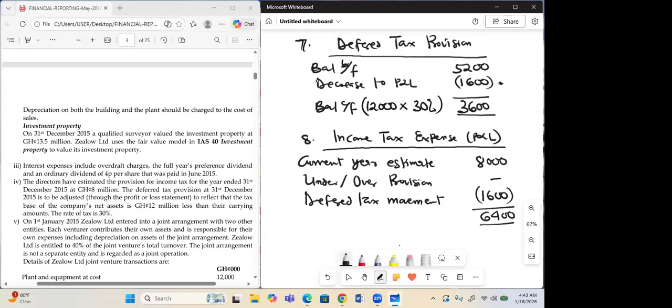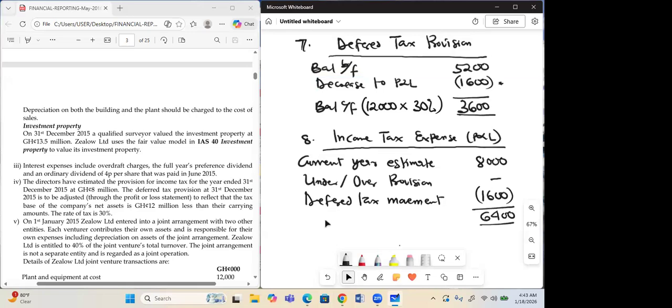Are you getting it? Yes. As we solve more examples, you'll be very familiar with tax. Just have in mind that anytime you see taxation, you open how many accounts? Two accounts: a deferred tax provision and an income tax expense. Then for the income tax expense, three items will go there: the current year estimate, under or over provision, and deferred tax movement.